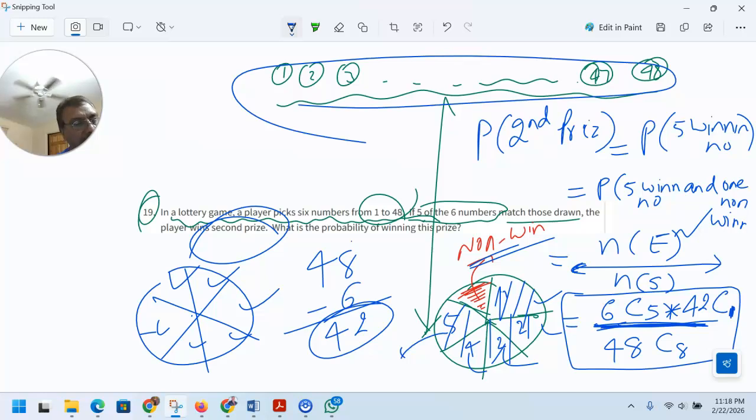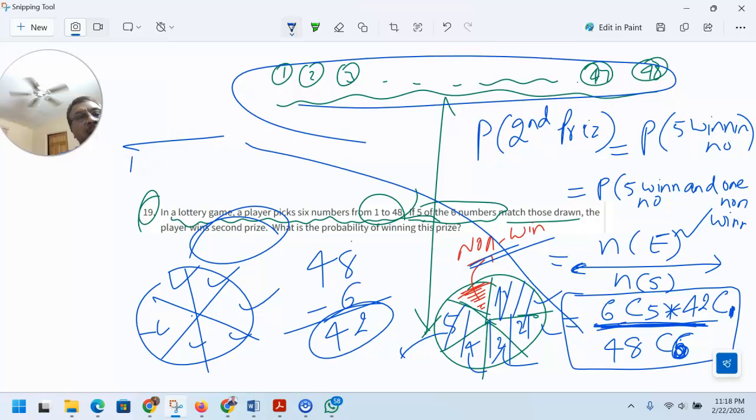And if we do this little calculation, sorry, here I made a mistake. This will be 6. We are picking 6, right? So let me write it here. So the bottom part is 48 C 6, which is about 12 million.